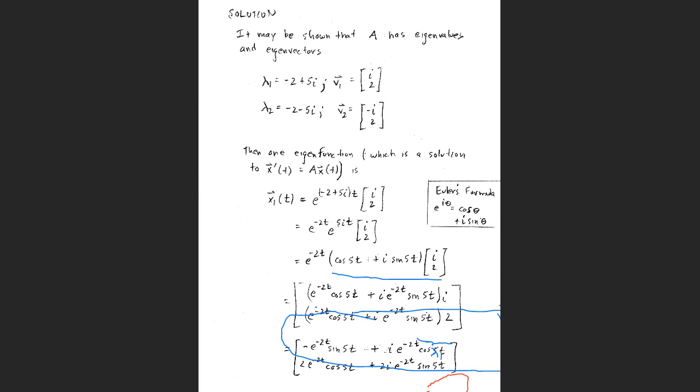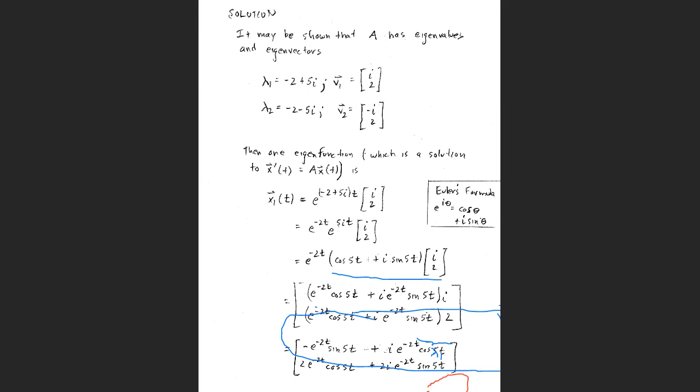And now I'm going to rewrite my eigenfunction even further. I'm going to take this scalar here, well, with the e to the negative 2t, it's all a scalar, right? So I'm going to take the scalar function and multiply it by the entries in the eigenvector.